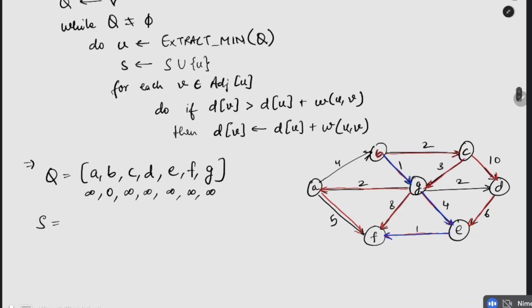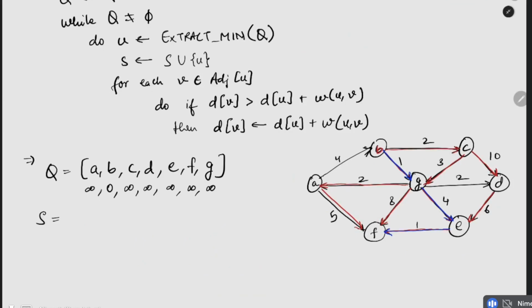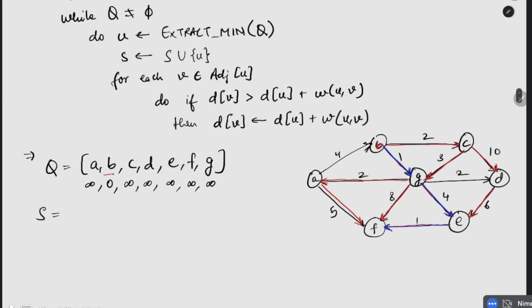Okay, and S, so at the first step, the minimum is B, of course. So we put B into S and then we look for the adjacent nodes of B, right? And adjacent nodes of B are G and C, right?